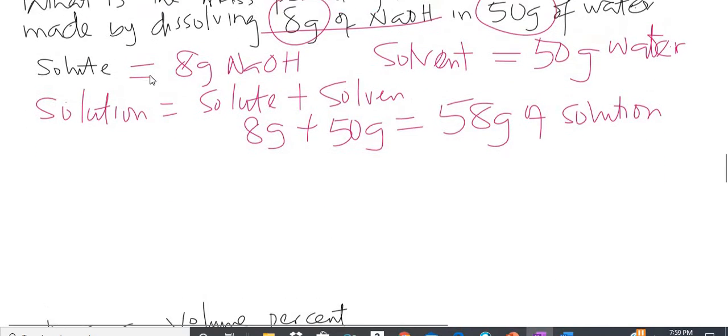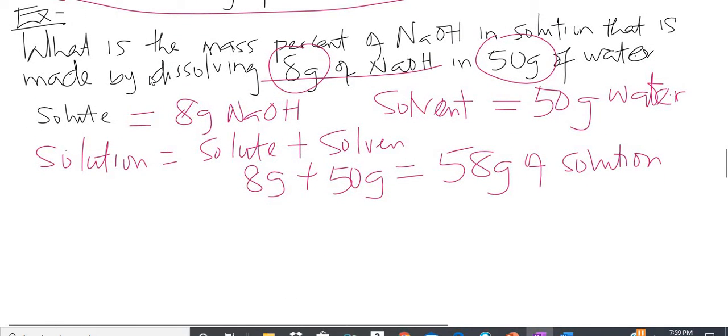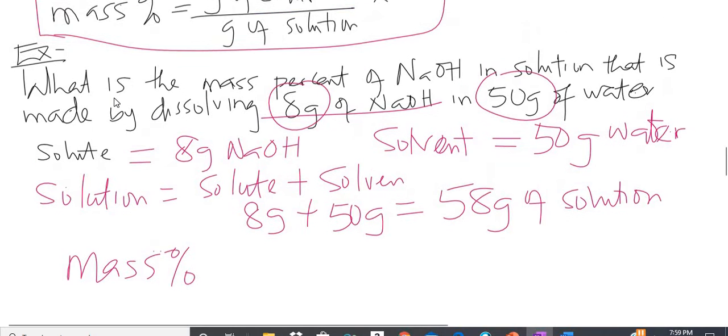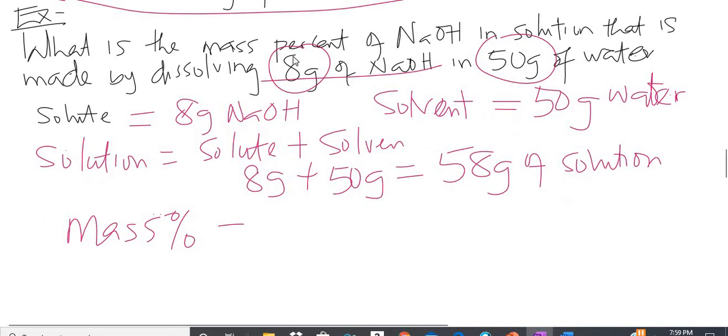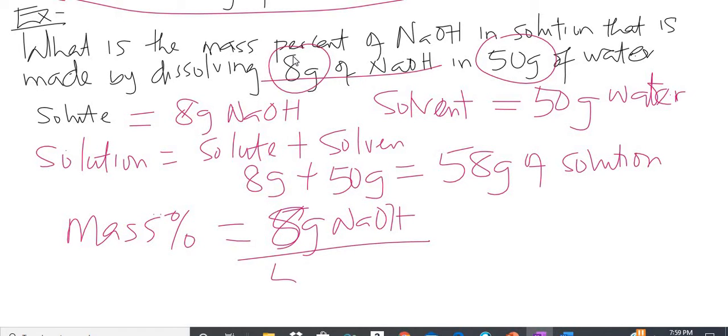Now to find the mass percent of the solution, we know that mass percent is the grams of solute per grams of solution. Our grams of solute is 8 grams of sodium hydroxide, and our solution is 58 grams of solution, multiplied by 100.